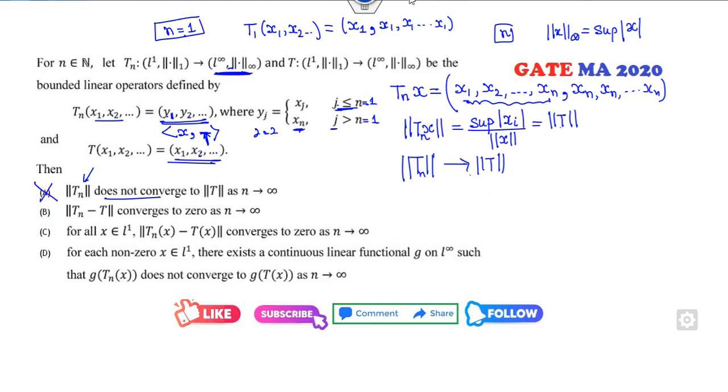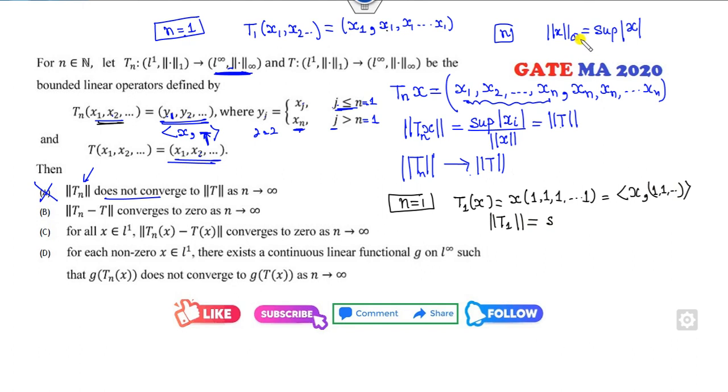You can also think about n equal to 1. So what is my T1 of x? When n is 1, it will be x1 x1 x1 x1, so I can write it as 1 1 1 1. Now you can see it is written as x comma 1 1 1. Then what is the norm of T1?